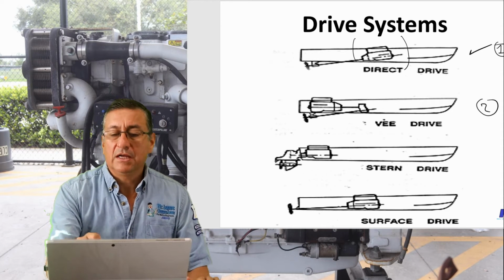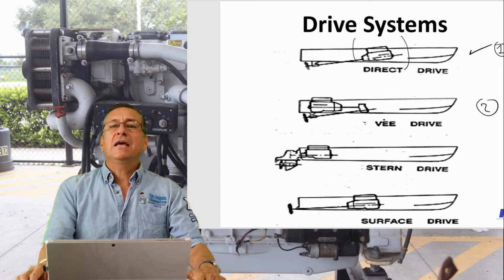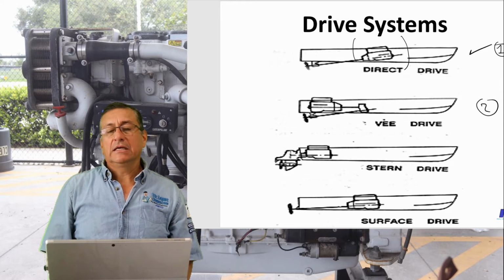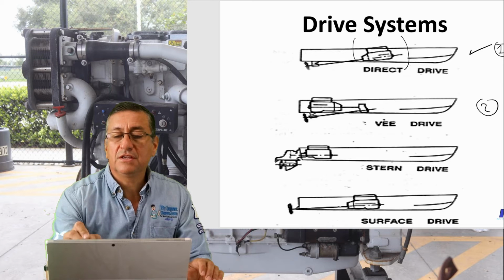In other words, the number two, the V drive, is used when the design has smaller areas in the engine room. That's the reason why people use this design instead of the first one.